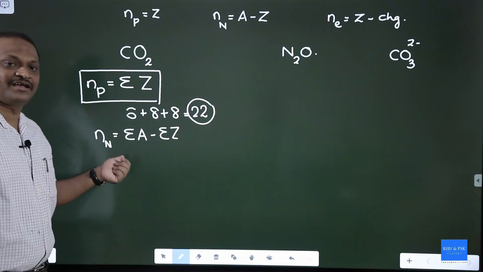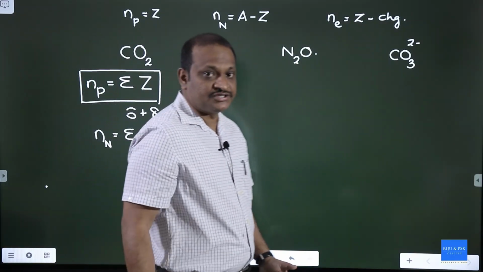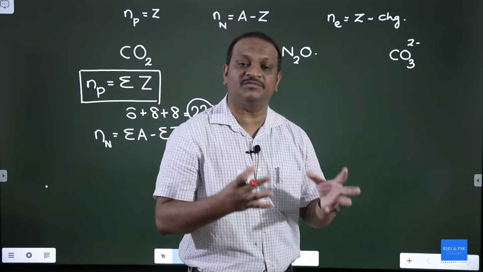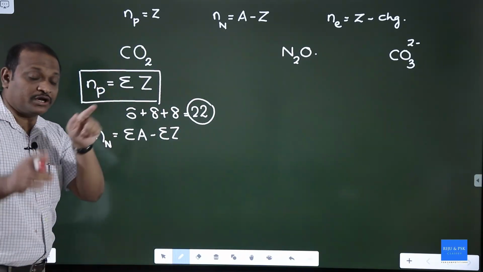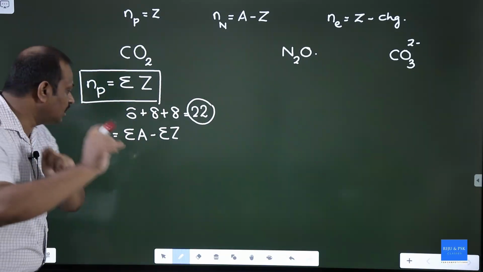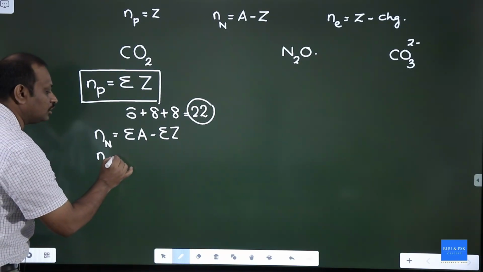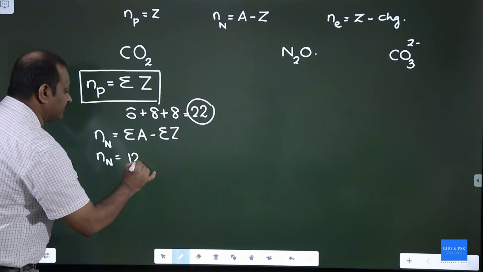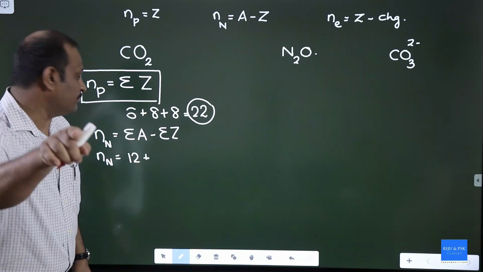Let's check what is sigma of A. A means mass number. Sigma of A means the sum of mass numbers of all the atoms present there. What are the atoms there? Carbon. What is the mass number of carbon? 12. So I can write number of neutrons is equal to 12 for carbon.